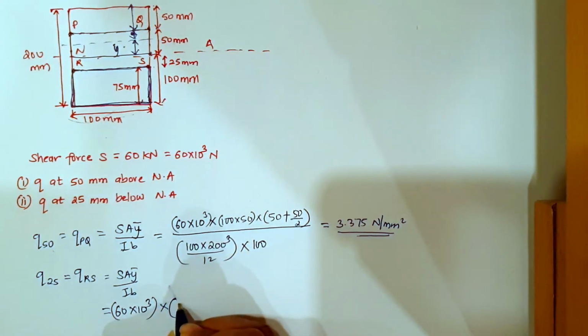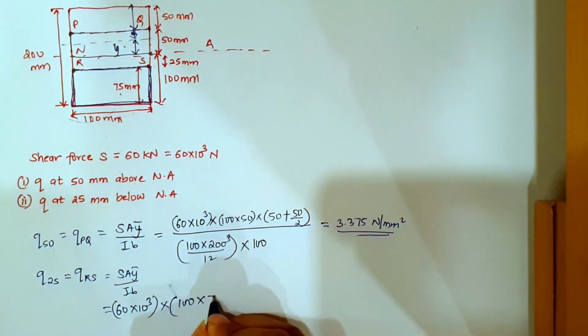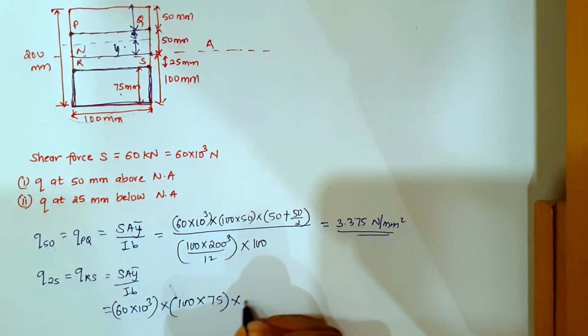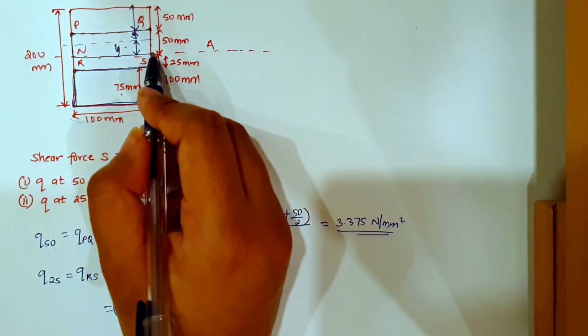It is 100 into depth is 75 into y bar. Now you need to go from this base till the neutral axis.